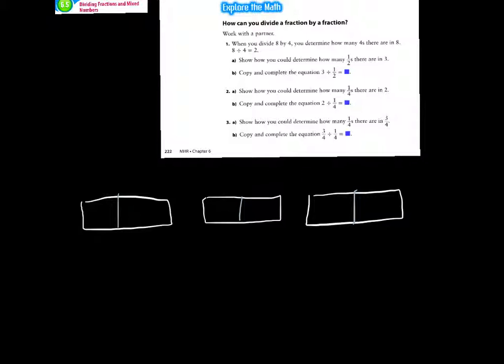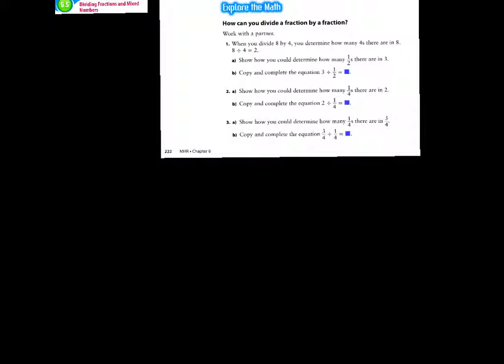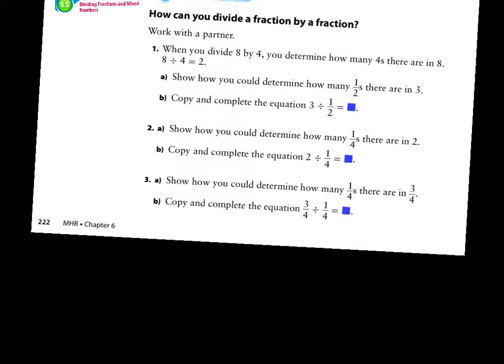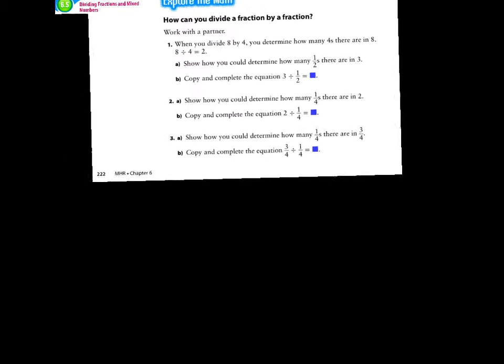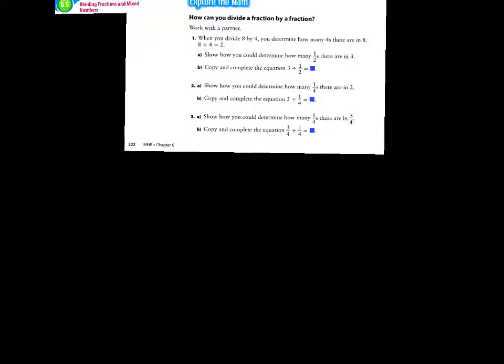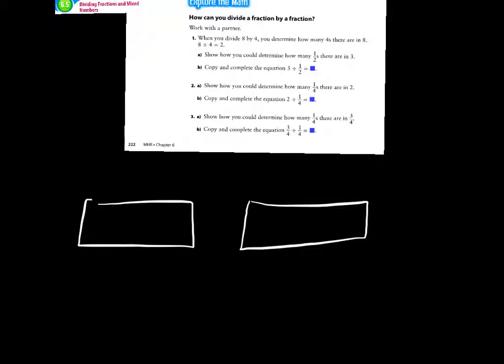Let's take a look at B. Let me erase what I've done so far. Now B asks us to find out how many quarters are in 2 wholes. So let's do the same thing again. How many quarters in 2 wholes? Let's start off with drawing 2 wholes.